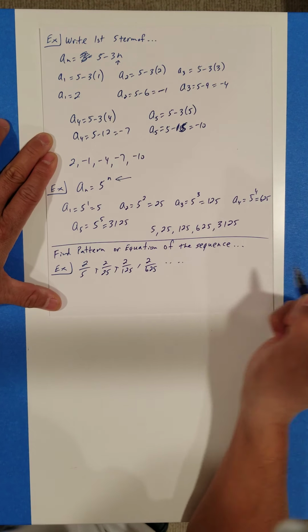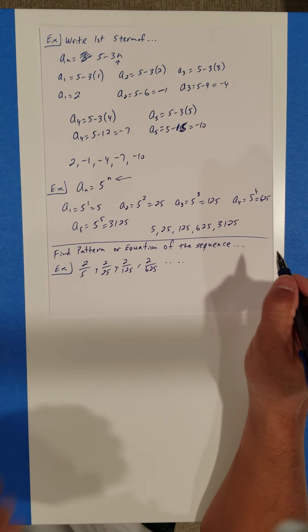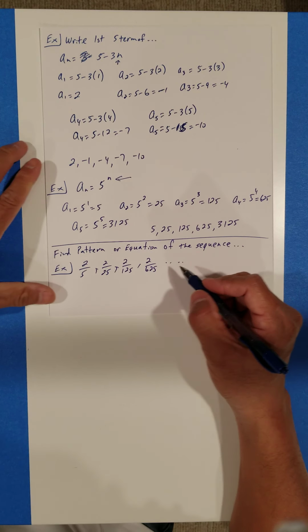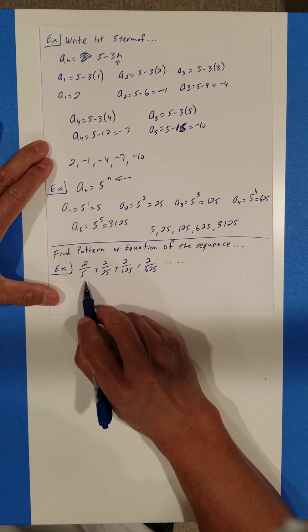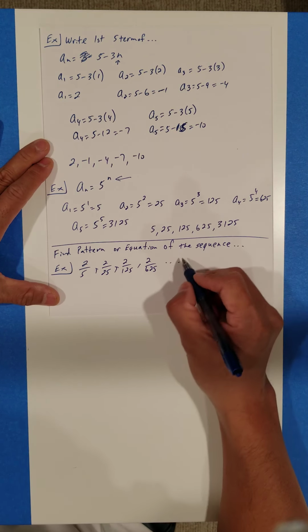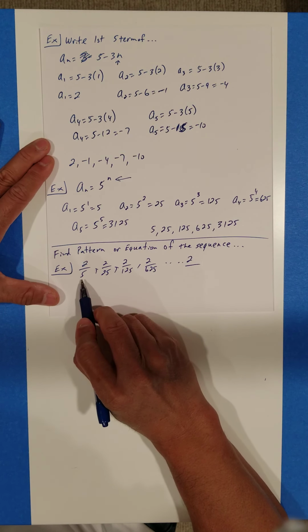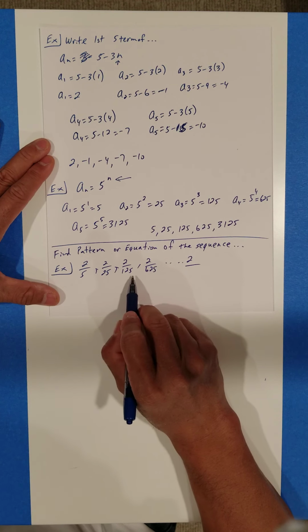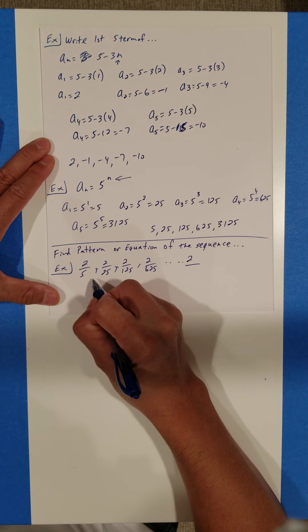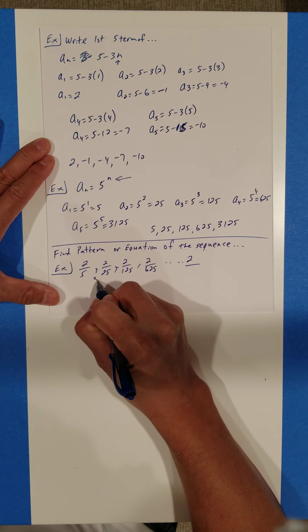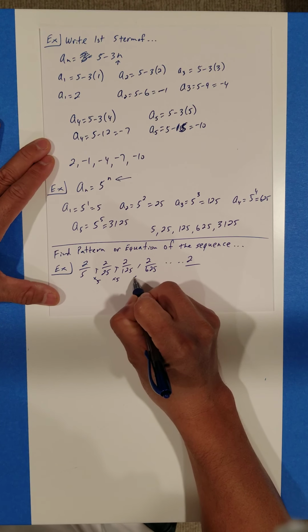So what's the pattern here? What's going on? Can you guess what's next? What I notice is that the 2 is staying the same, so it's still going to be 2, but look at the denominator. It's 5, 25, 125, 625. So you notice it's multiplying by 5, multiply by 5, multiply by 5.